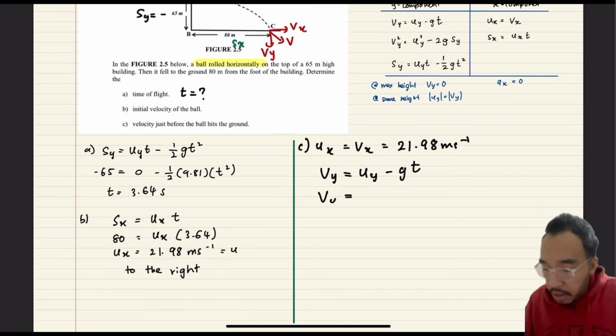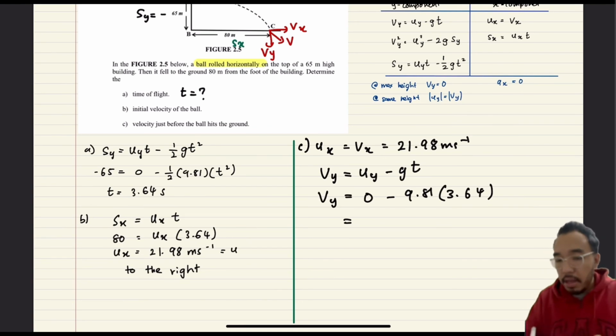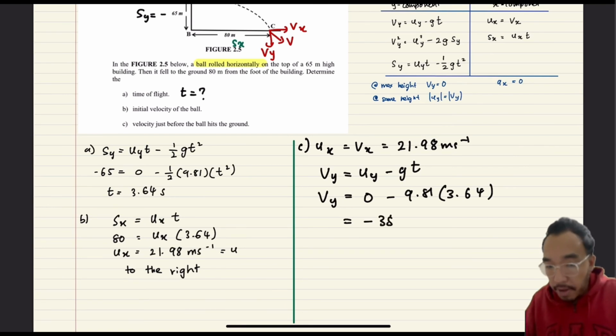Uy just now is equal to 0, minus 9.81, times the time we found already. I should get negative because it is actually pointing downwards. So I got here is negative 35.71. So it makes sense why you got negative.